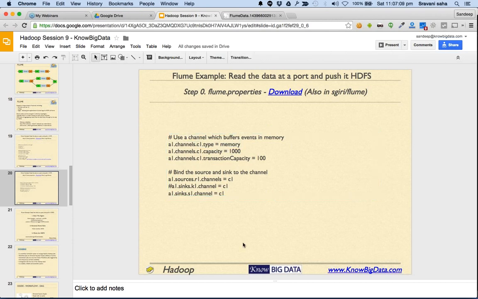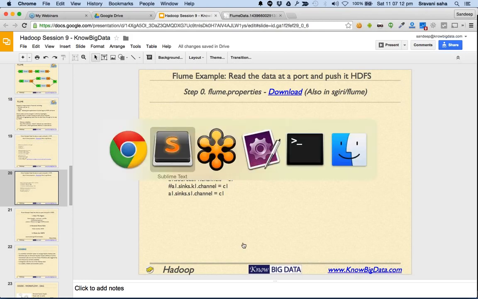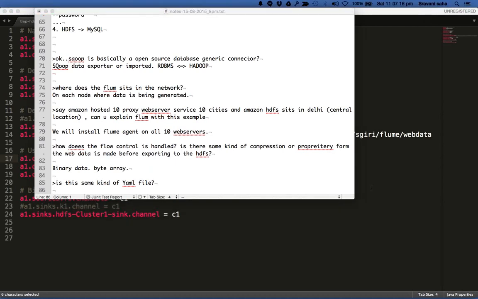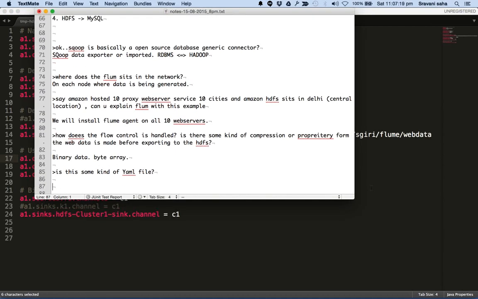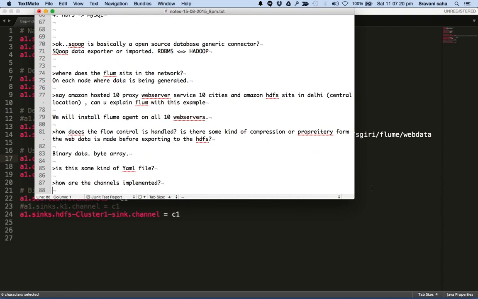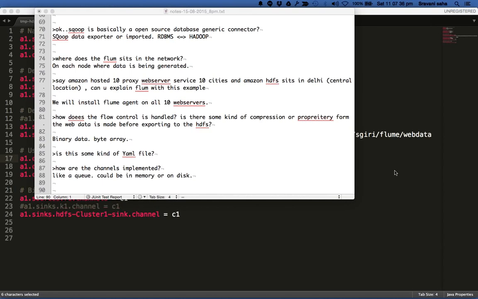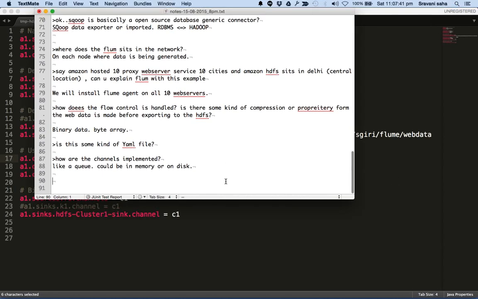Channels are implemented like a queue, which could be in memory or on disk. Does that answer your question, Urs?